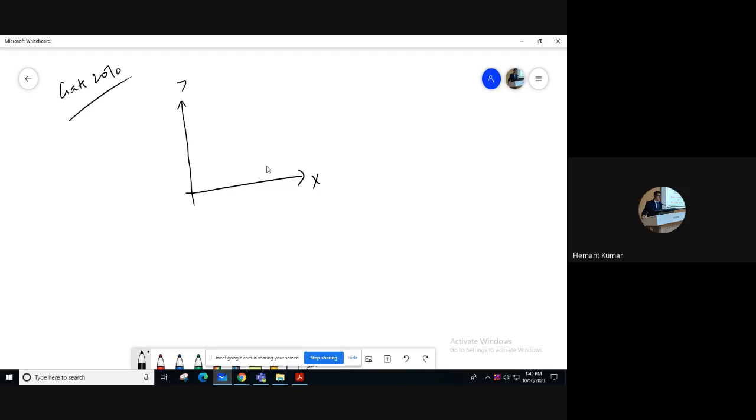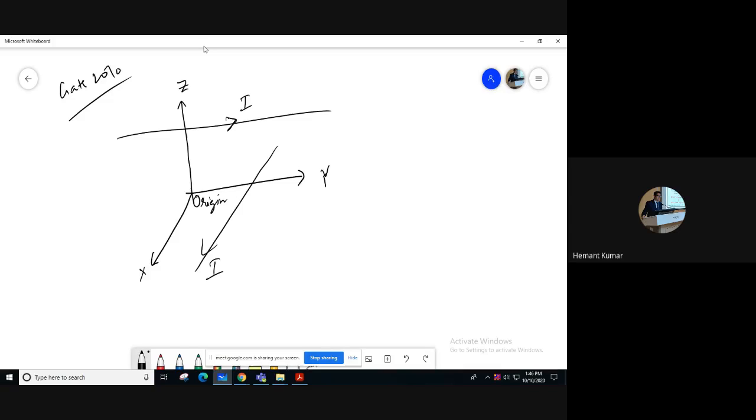Suppose this is X, this is Y, and this is Z. If you use your right hand thumb rule, this should be X, Y, and then this will be Z. Suppose there is one current carrying wire parallel to Y, and one current carrying wire parallel to X. The question was, calculate the magnetic field component at the origin. How many magnetic field components are present at the origin?